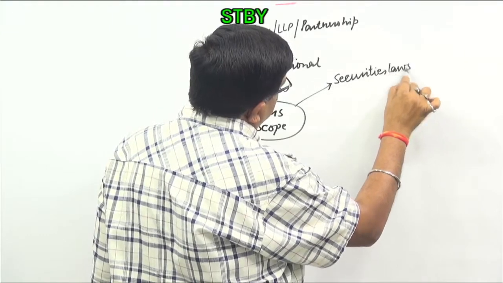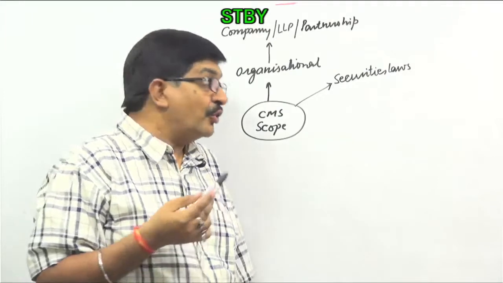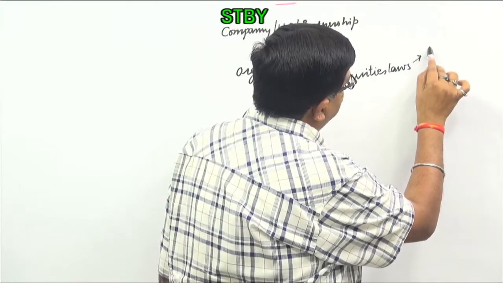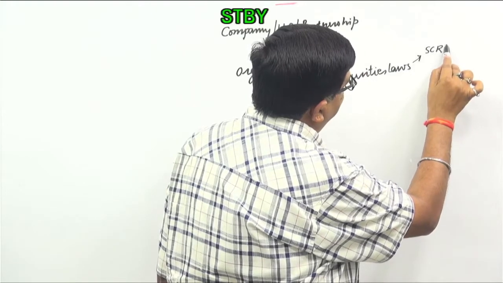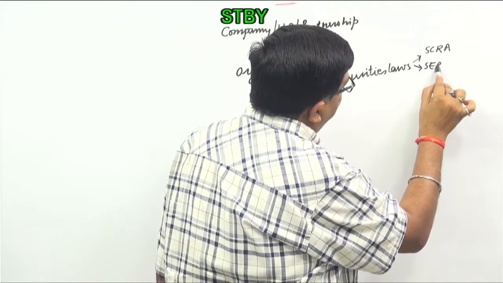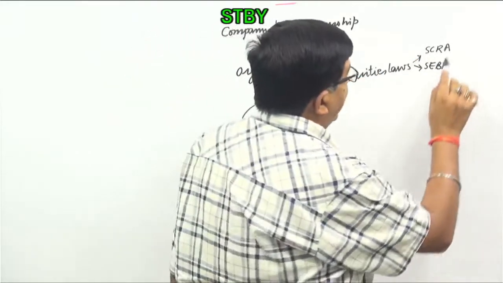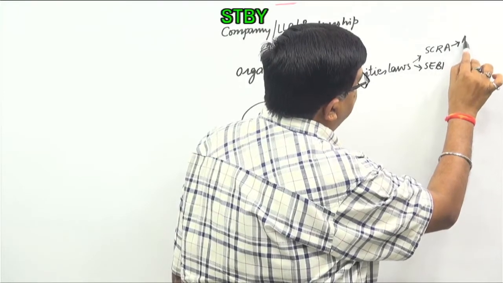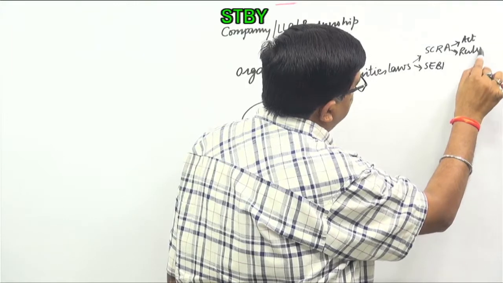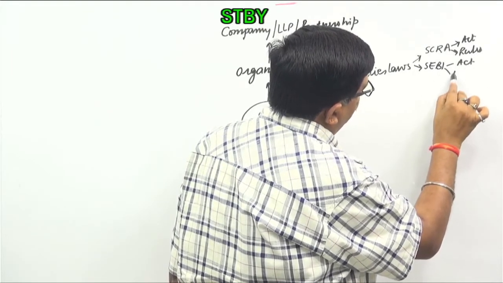security laws. Security laws are already known to you. Those are related to the Securities Contracts Regulation Act. Those are covered in SEBI. And further we can bifurcate. In SCRA, Act and rules, in SEBI again Act and rules.